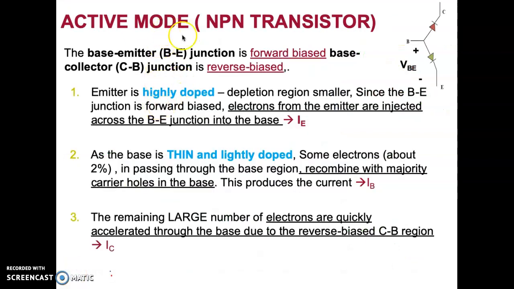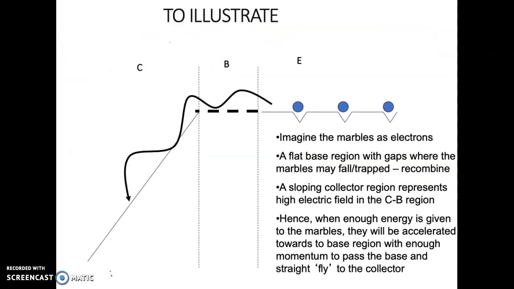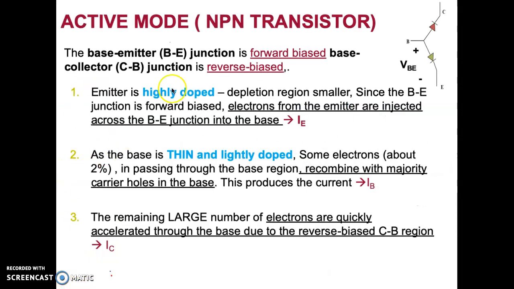So now this is the explanation of how your current happens in the active mode. Your emitter will be highly doped. This is your emitter, as I explained before, highly doped.